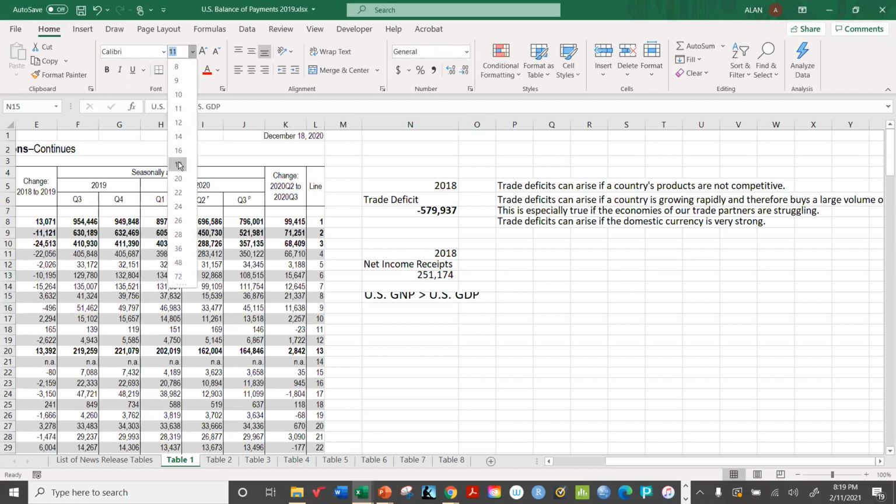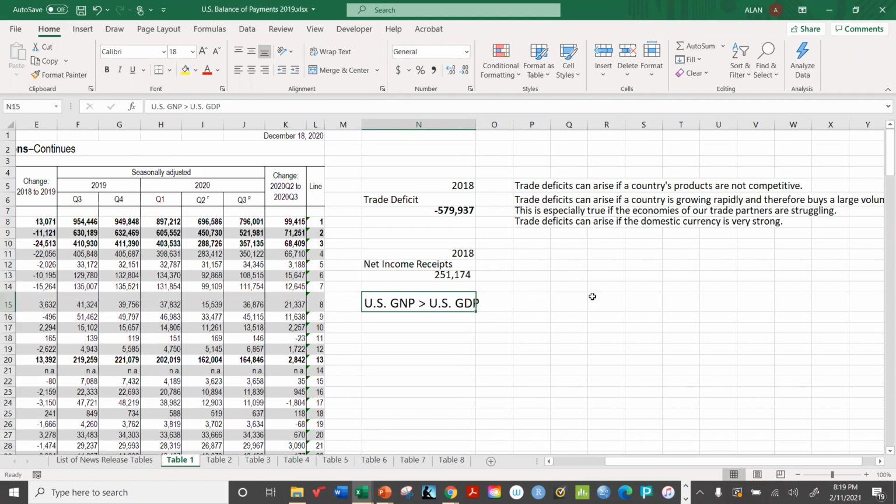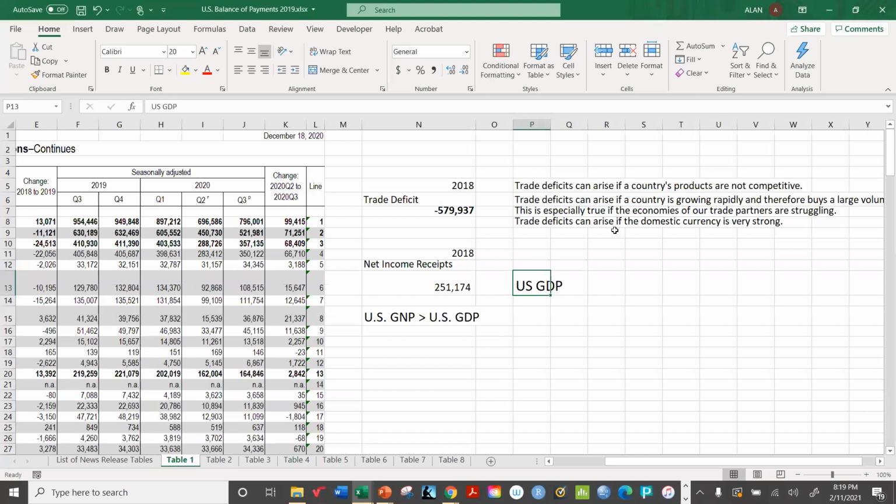Now, how much though? How much of a difference does it really make? Well, let's see. The US economy, US GDP, is approximately $20 trillion. Now, remember that we are actually treating all of these in millions. So basically what we're looking at here, let's see, how would I do that?